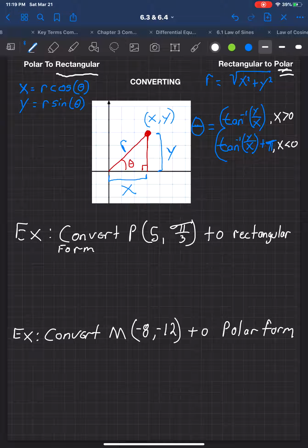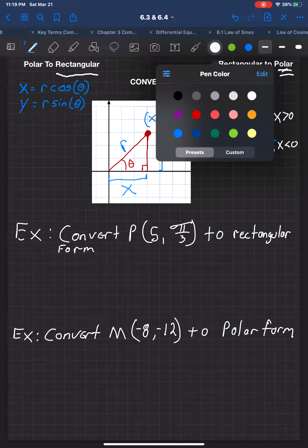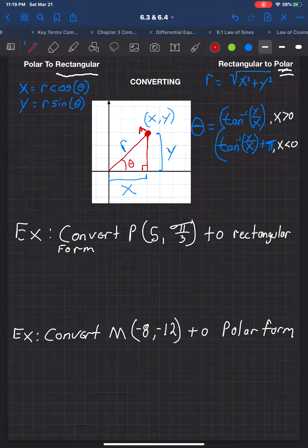So the picture that I have in front of you tells the story about how to get back and forth between these coordinate systems, right? If I label this point A, it doesn't matter, in terms of your arriving at the destination, if you walk X to the right and then Y in the positive Y direction up to get to A, or if you were to travel a distance of R from the pole and then rotate an angle of theta to get to point A. The destination is the same.